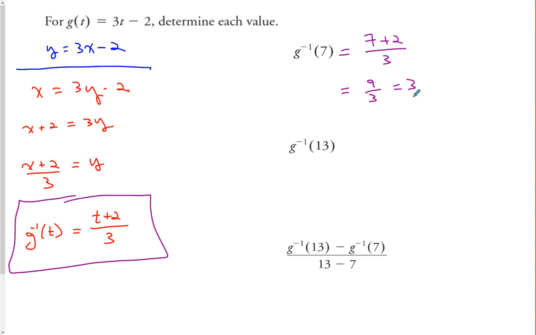That also means if I put a 3 into my original function, I should get a 7 out, which I do. Okay, my inverse function at 13, so that's going to be 13 plus 2 over 3. That's going to be 15 divided by 3, so that's 5.